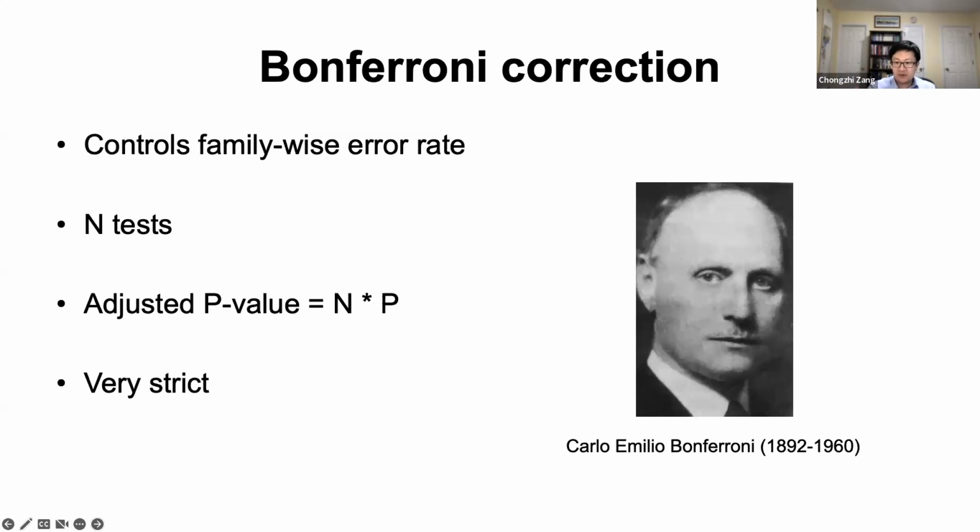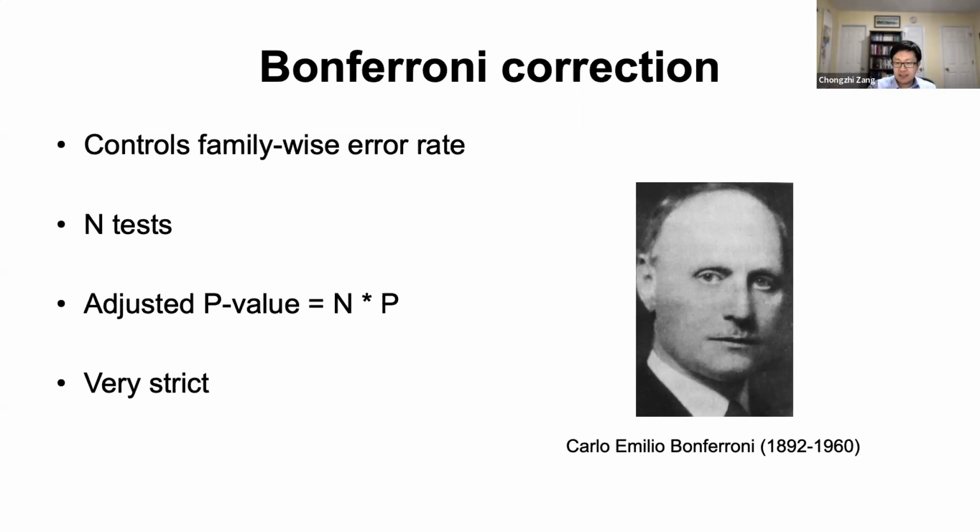There are different ways of doing this multiple testing correction, and I will only talk about two. One is Bonferroni correction. Bonferroni correction controls the family-wise error rate. It considers everything together, and it's a very strict way of doing the testing.